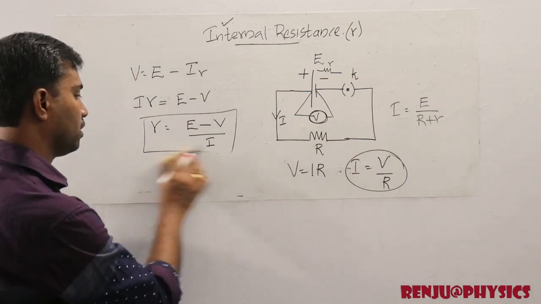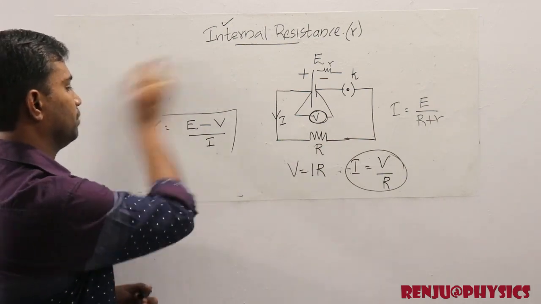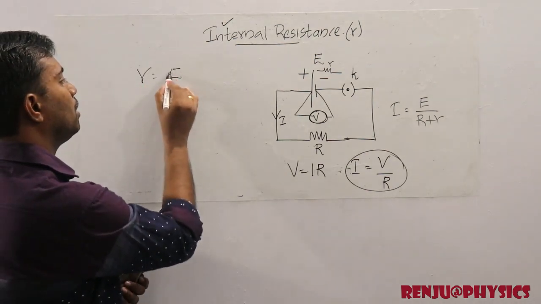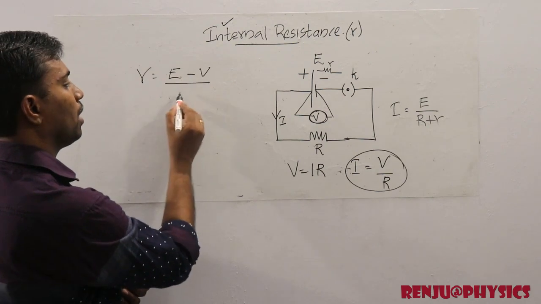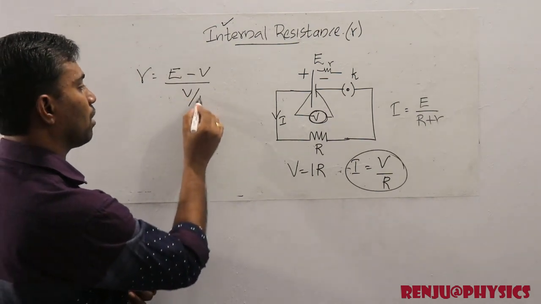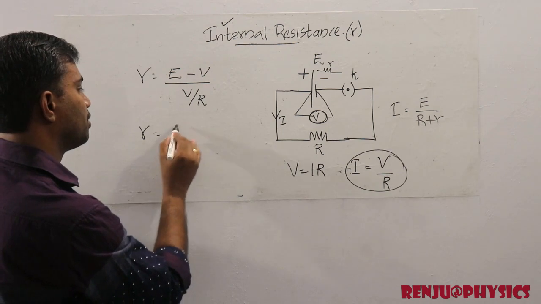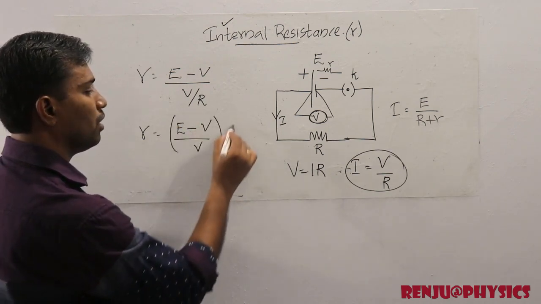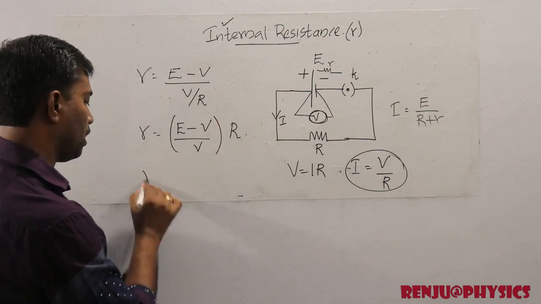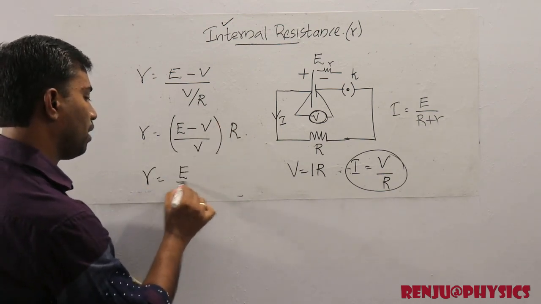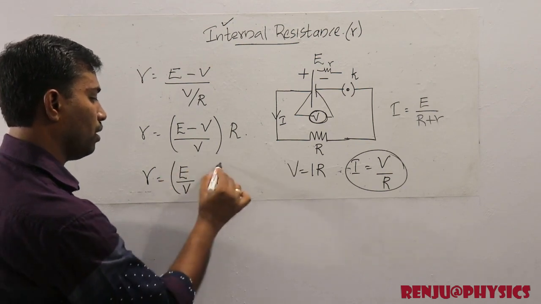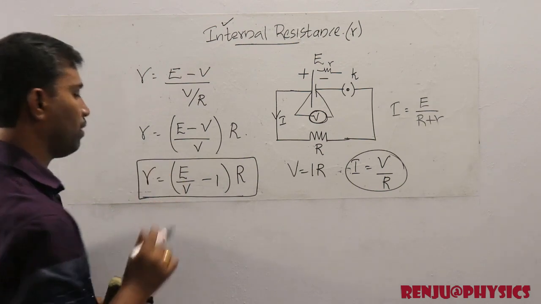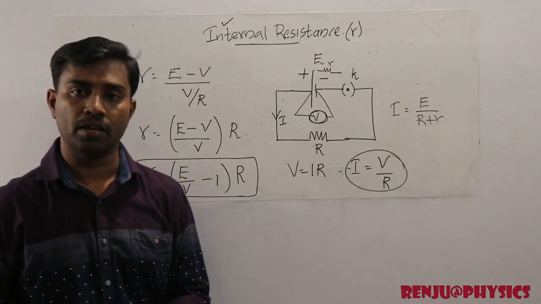then we get r is equal to E minus V divided by, instead of I we are writing V by R. So r is equal to E minus V by V into R. So we can write r is equal to E by V minus 1 into R. So this is the equation for finding the internal resistance of a cell.